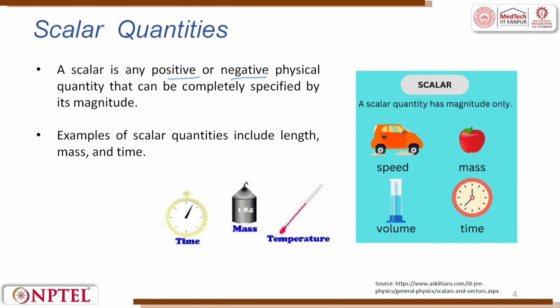For example, if the event is long, then we talk in terms of hours. If the event is small, seconds, minutes, again minutes will be converted into seconds, or milliseconds means you multiply it. So, how do you do it? We always convert it 10 to the power 3 positive or 10 to the power minus 3 negative, whatever it is. So, you start solving it. Then is mass, then temperature. So, all these things are examples of scalar quantities.